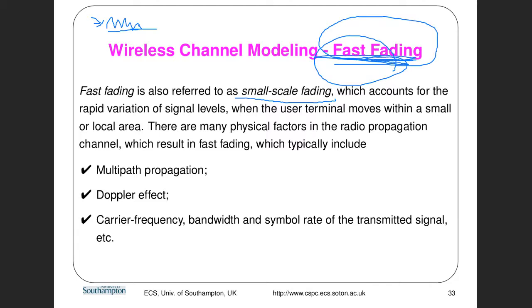If the destination is moving, if the car is moving, or if the transmitter is moving, or if the surrounding environment is changing, like a car passing, then the power fluctuation would happen really quickly. It would fluctuate really rapidly. That's why some people call it fast fading.